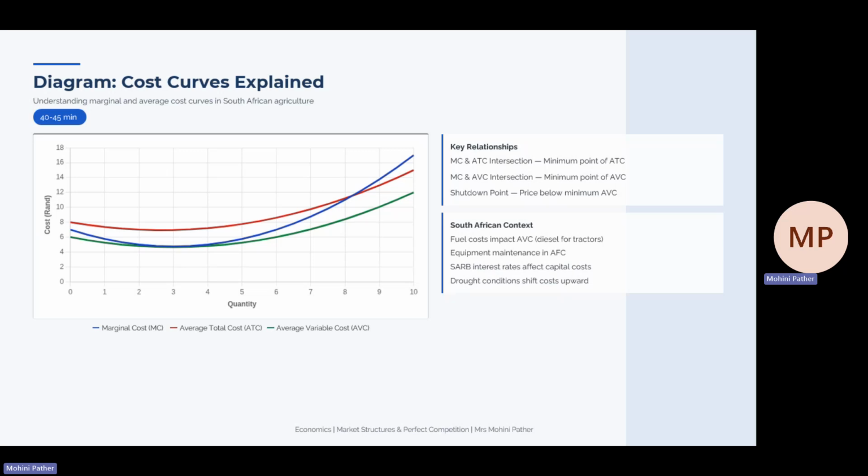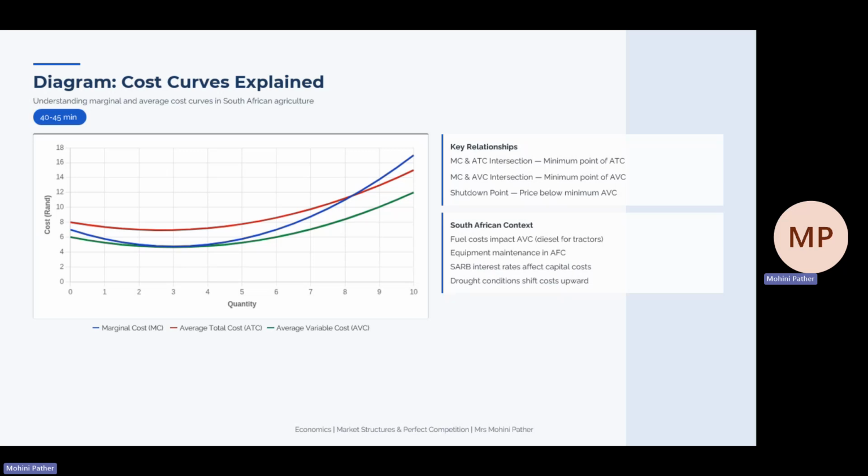So where you see the blue marginal cost line intersecting with the red line at point A, quantity produced, that is the minimum point of your average total costs. Okay, so when those two points meet.